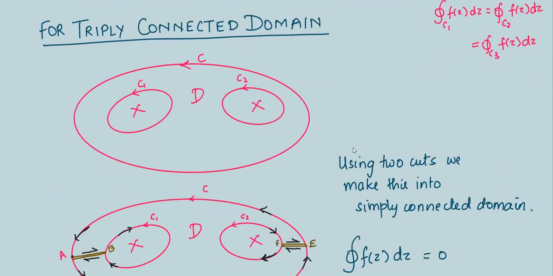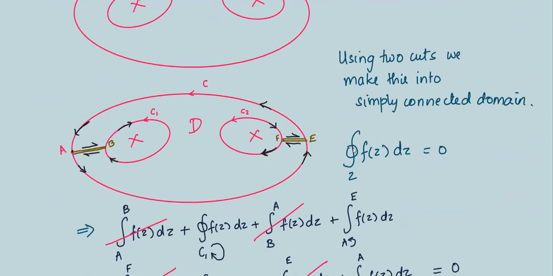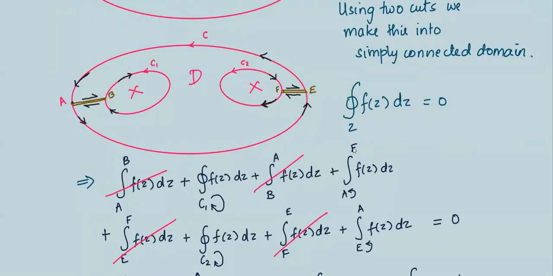For a triply connected domain, we have C1 and C2 as inner regions where they enclose regions where the function is not defined, and there is this outer region.